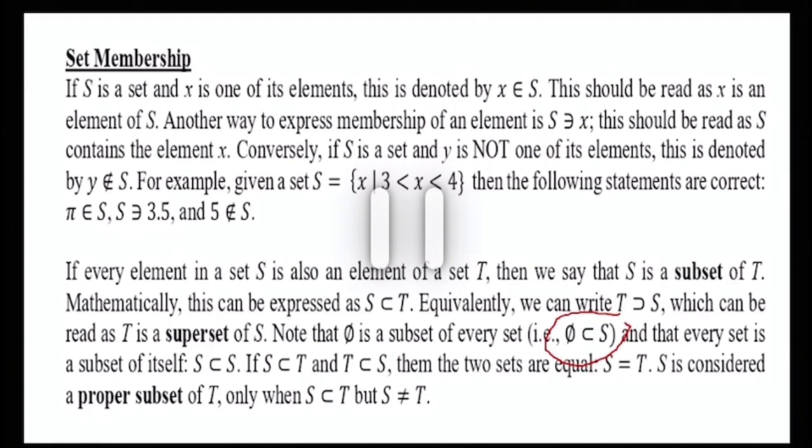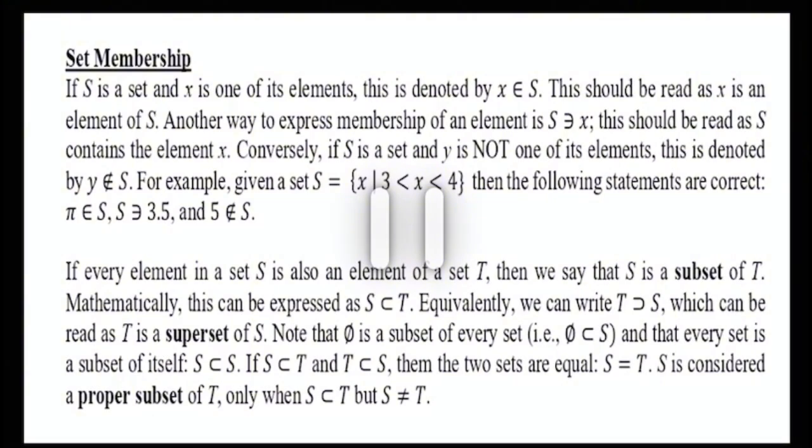Okay? Now, there's something I want you to see. Please pay attention. We have proper subset. We have improper subset. Now, I'm going to give you an example of a proper subset.